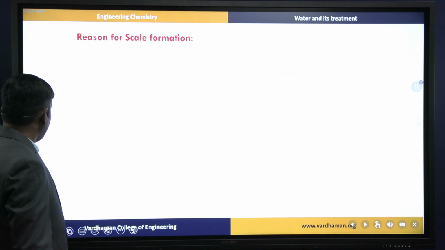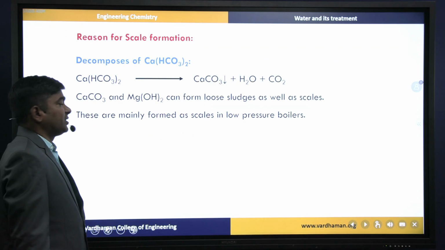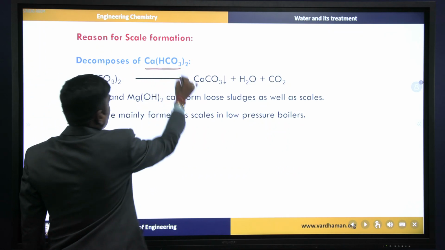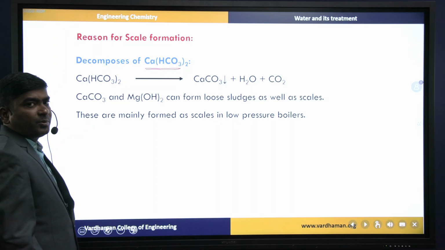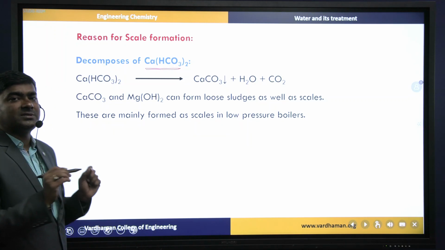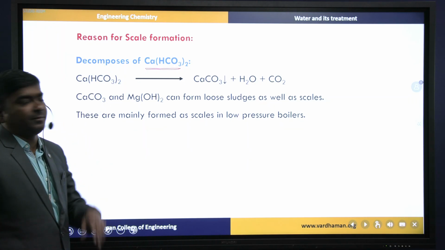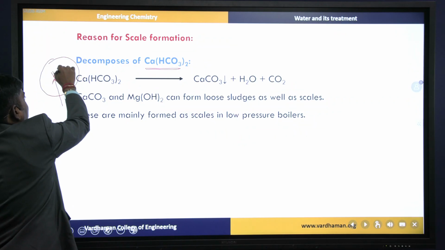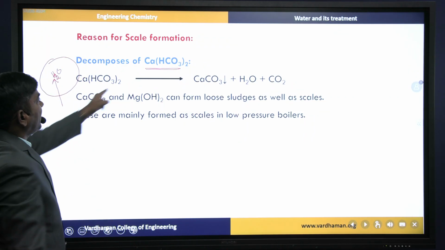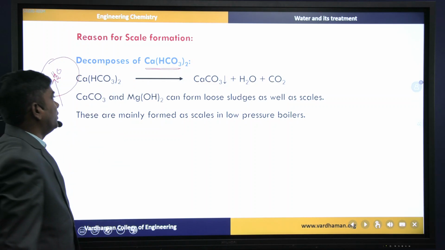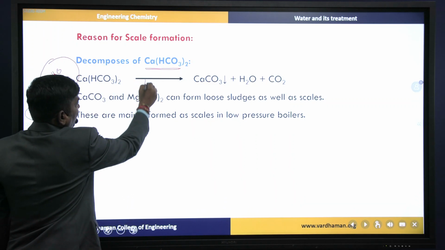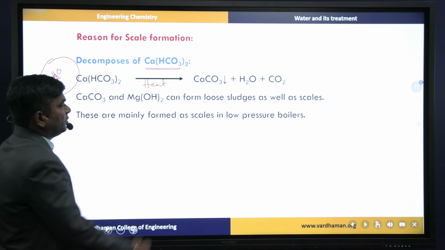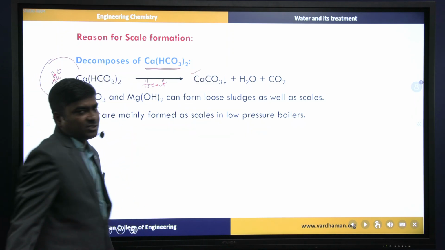So, reasons for scale formation. First reason, decomposition of calcium bicarbonate. If the dissolved salt is calcium bicarbonate, so the boiler has hard water, and if that hard water contains calcium bicarbonate, then when we apply heat, that calcium bicarbonate decomposes into calcium carbonate.